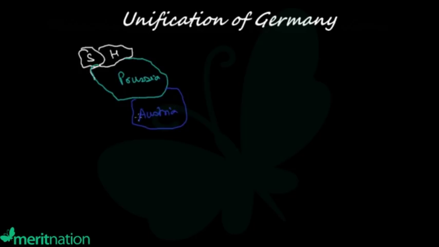Now just imagine the situation of Austria. If Austria has to defend these two principalities, it has to pass through Prussia, right? But what did Prussia do? Prussia said, no, I will not allow you to cut through Prussia.